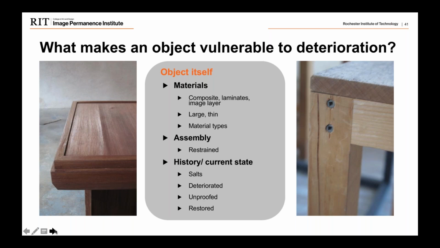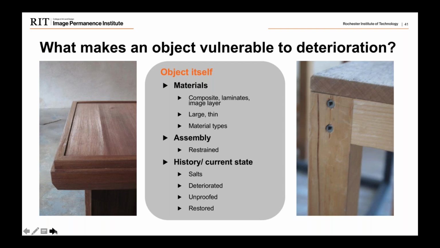So in terms of composites, you can see the object on the left is a table and has a laminate surface. It's just a really thin layer, and it's responding differently than the bulk of the object. And so we're seeing that buckling in the middle that was caused from its quicker response than the rest of the object.